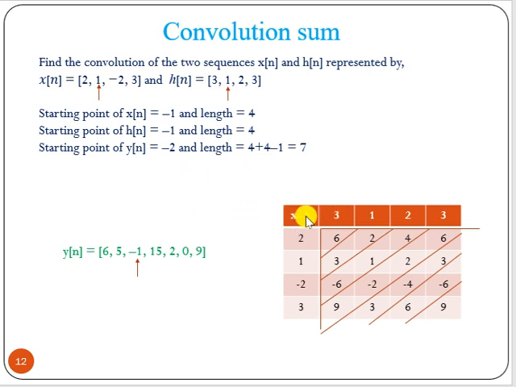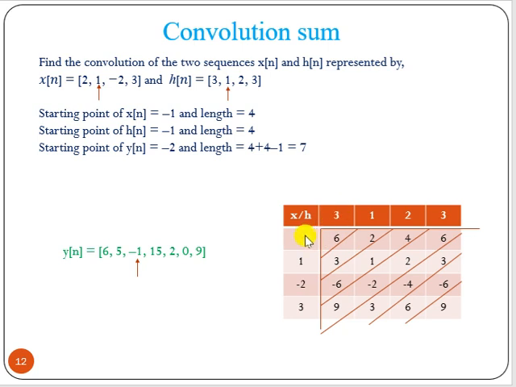Here the h value is written: 3, 1, 2, 3. In the column we have written the h value, and in the row we have written the x value: 2, 1, minus 2, 3. Then we are doing just multiplication, just like a matrix.